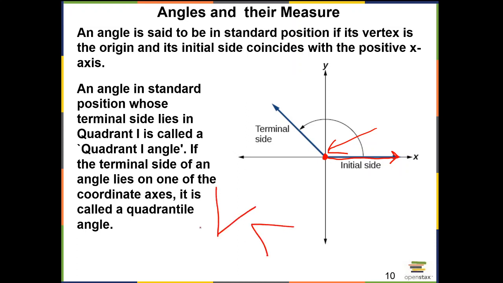You see how difficult it is to compare them and work with them because they're everywhere, right? If you take all of them and put them in one place, then we can work with them in a more organized way. So that's the standard position of an angle. The initial side is at the positive x-axis, the vertex is at the origin, and the terminal side makes either a positive angle or a negative angle. If you go the other way, you make a negative angle. If you go counterclockwise, you make a positive angle.